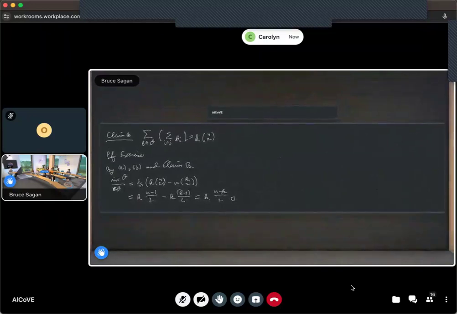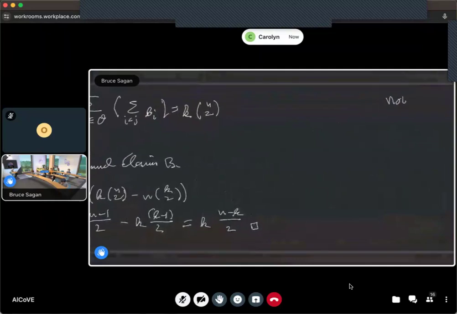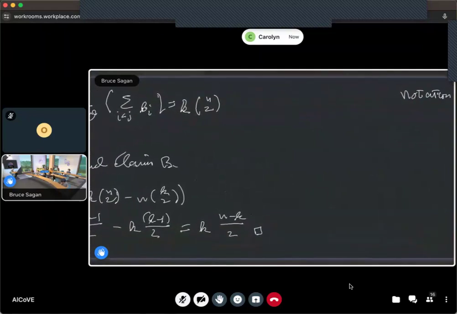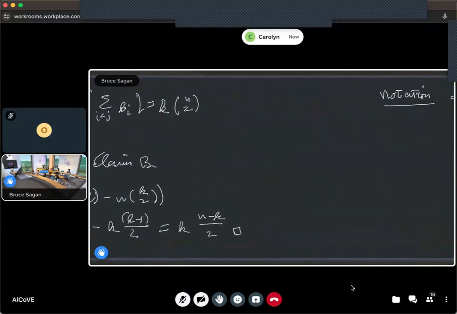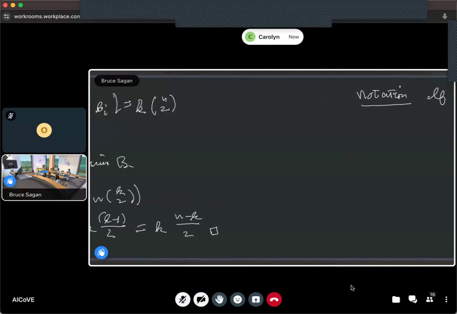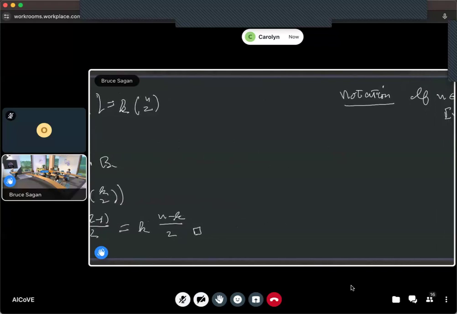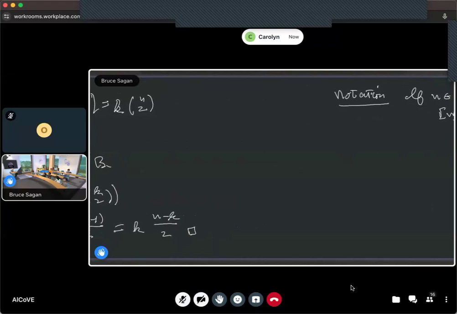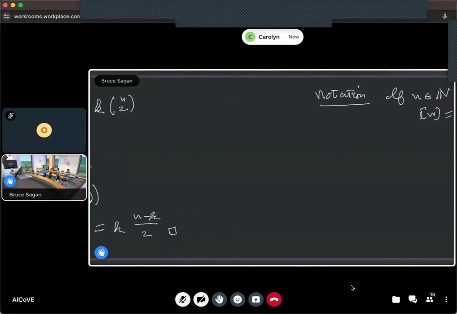So now we want to show that we also have cyclic sieving, right? Let me give you some standard notation that we're going to use a lot. If I've got a non-negative integer n, then I'm going to let brackets n be the integers from 1 to n.